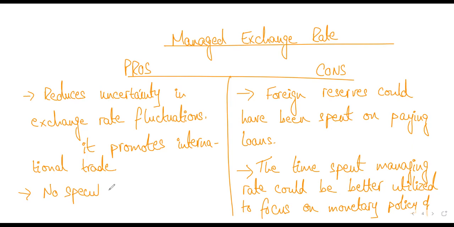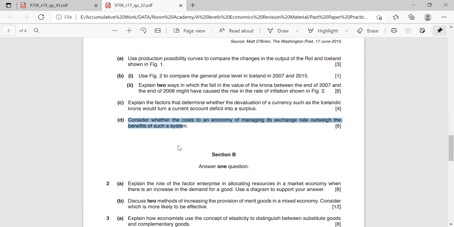When exchange rates are not free floating, there is no speculation, which again is a bad thing. And in the end, you just need to conclude, and you can talk about any side of the argument. Whenever it asks for your opinion, you can discuss any side. Consider whether the cost and economy of managing exchange rate outweigh the benefits of such a system. You can say, I would say yes, managing the exchange rate is beneficial because it reduces the margin for speculation.